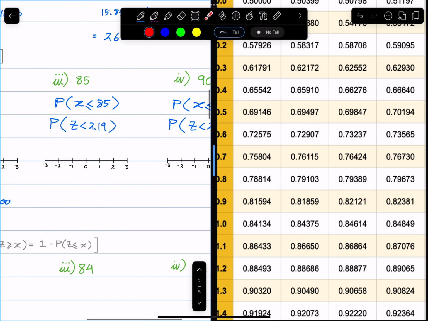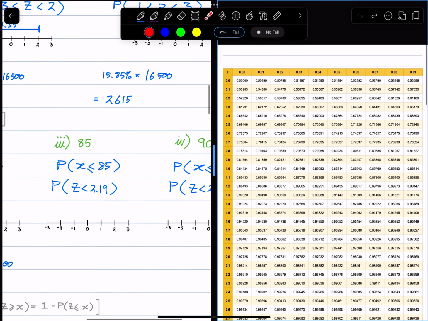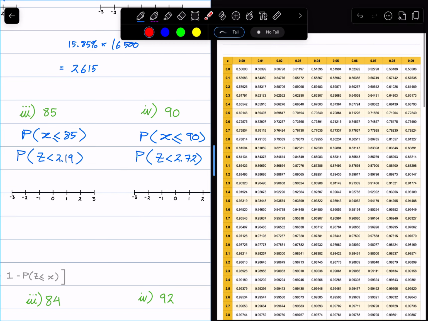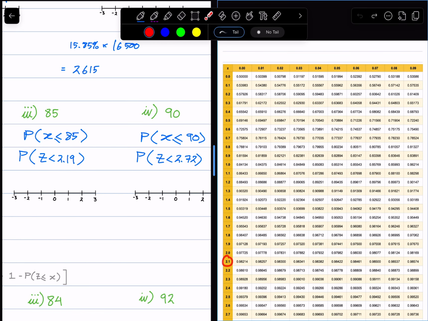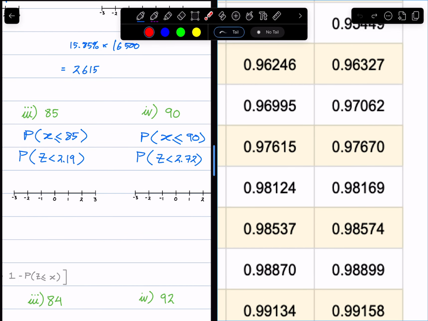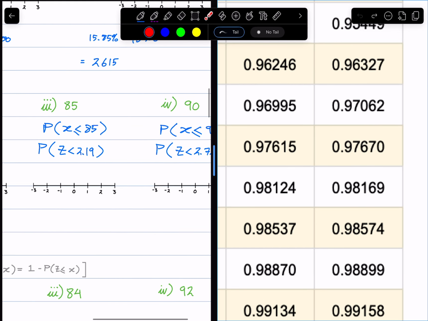Moving on to this one. I hope already this is very clear how to work this. So this is all going to be just the regular Z-score table use. So a Z-score of less than 2.19. So we'd have to go to 2.1. 2.19 is all the way at the end. That gets us 98.574. So 2.19 looks to be about here.